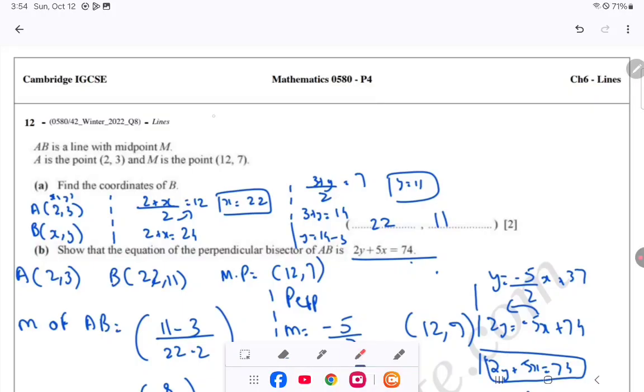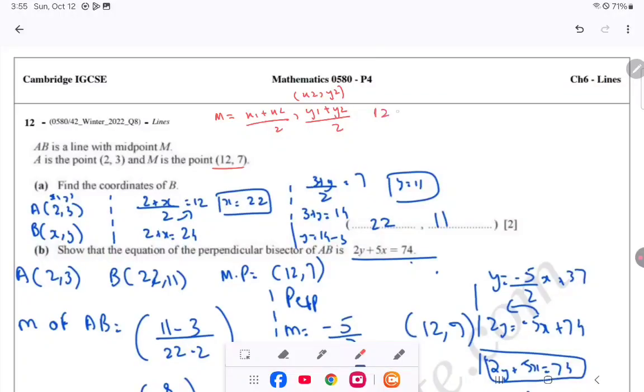This is the midpoint formula: (x1 plus x2) over 2, (y1 plus y2) over 2. We have to calculate x2, y2. Simply by putting in the values of the x midpoint and y midpoint, we can calculate x2, y2. Compare separately. What is our value of midpoint x?